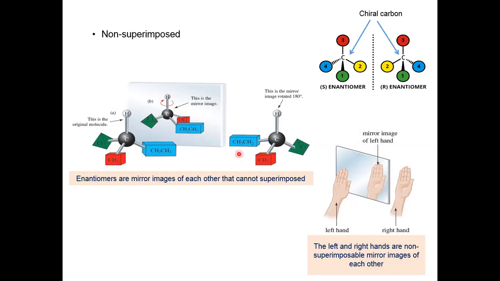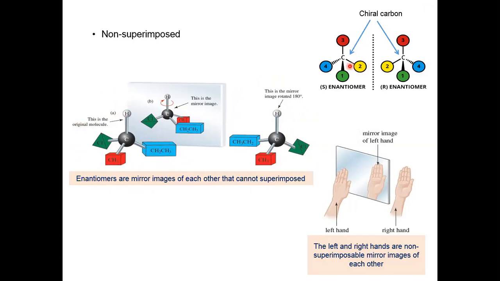The chlorine will be at the back. So when this is overlapped with the original, it will not overlap nicely. It will not work. Only the hydrogen will overlap nicely, hydrogen with methyl. So not all of the substituents can be superimposed. So enantiomers are mirror images of each other that cannot superimpose. So meaning this compound is a chiral compound, an enantiomer.